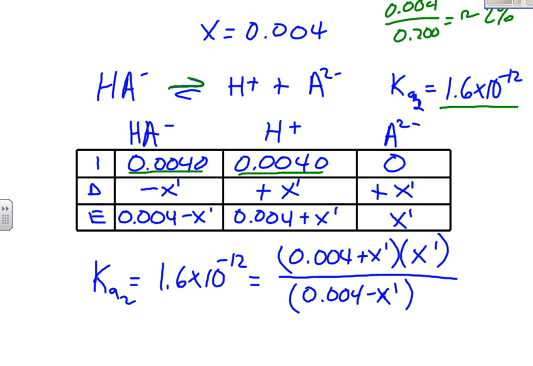And again, it's rather safe to assume that the minus x and the plus x are going to be negligible. And so lo and behold, what we find out is that our x prime, which is actually equal to the concentration of our ascorbate ion, is simply going to be equal to our dissociation constant, our Ka2.